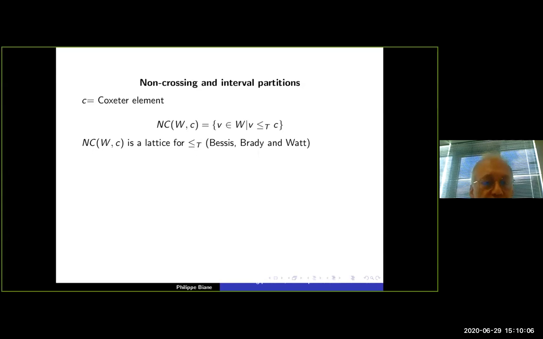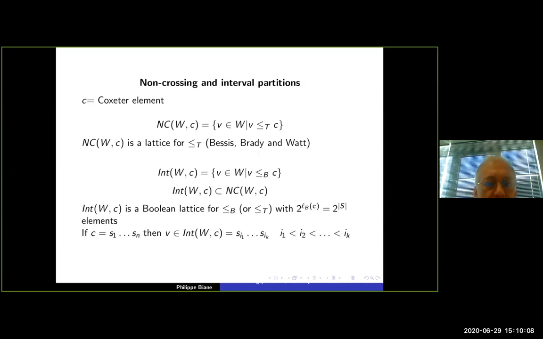What we define with Matthieu is the following other lattice, which we call the set of interval partitions with respect to W and c, which is the set of all w in W which are smaller than c, but with respect to the Bruhat order.